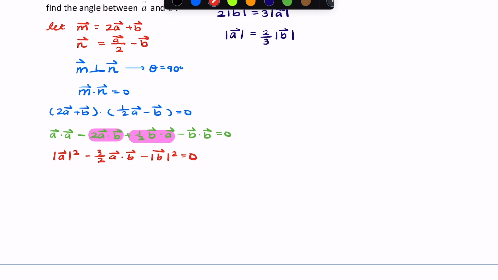So here we have vector A squared minus 3 over 2, and then the dot product of A times B, so that's the magnitude of A times the magnitude of B, and the cos of the angle, minus vector B squared is equal to 0.